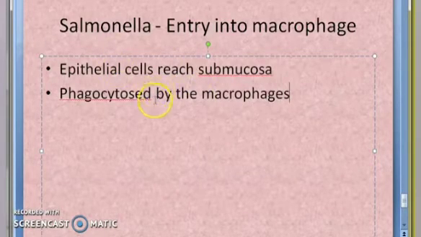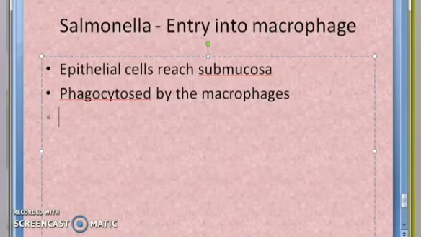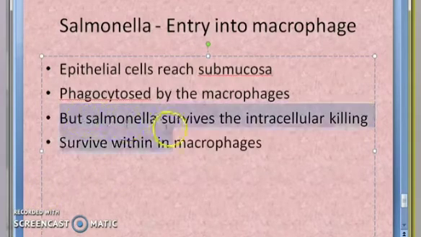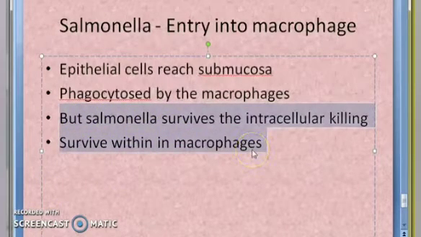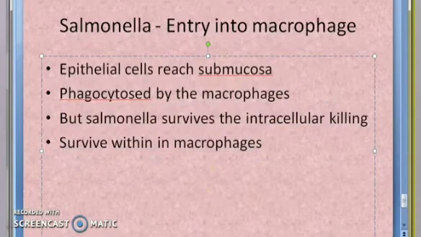Now these macrophages come in and they are trying to dissolve these epithelial cells which contain the Salmonella bacteria. Now these Salmonella are very smart, they go and start surviving within the macrophage also. Okay. But the Salmonella survive the intracellular killing and they survive within the macrophages also.